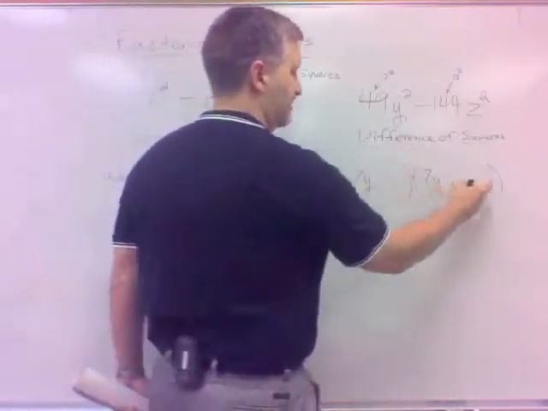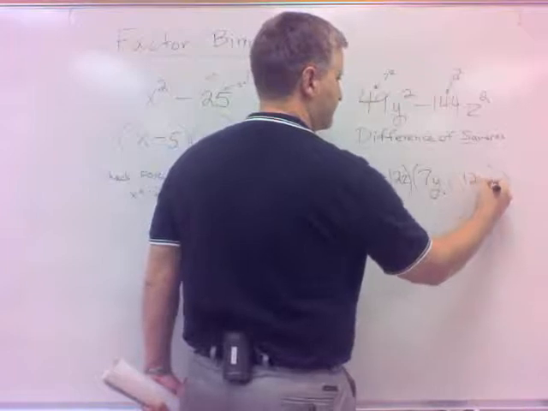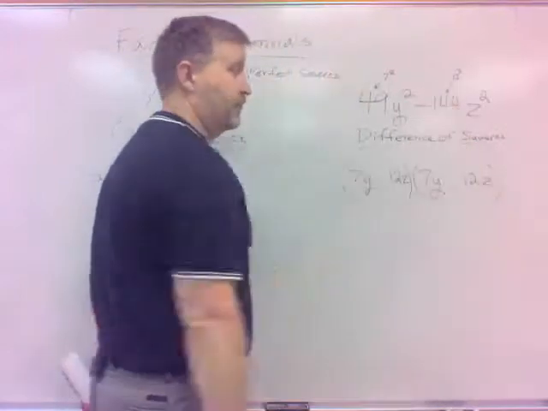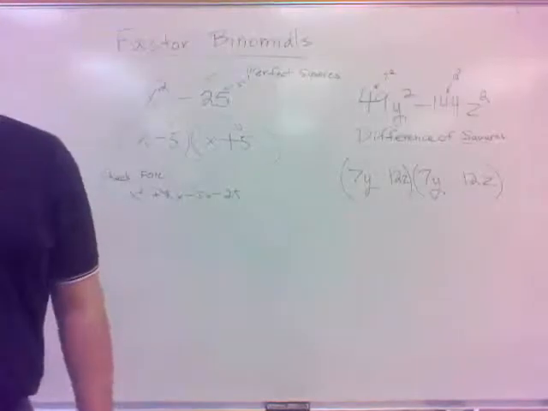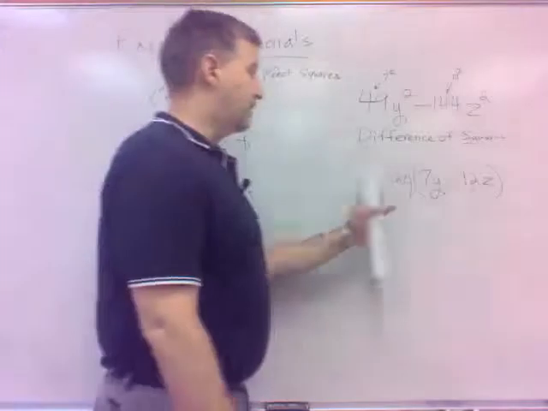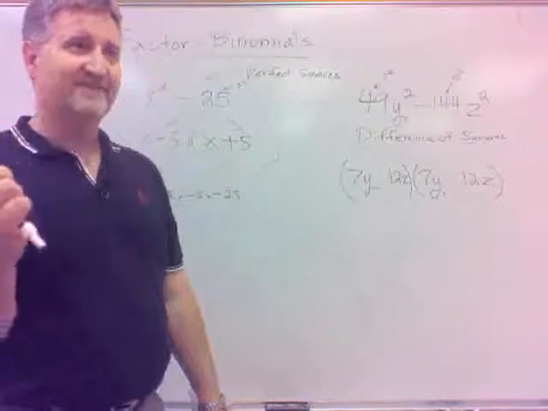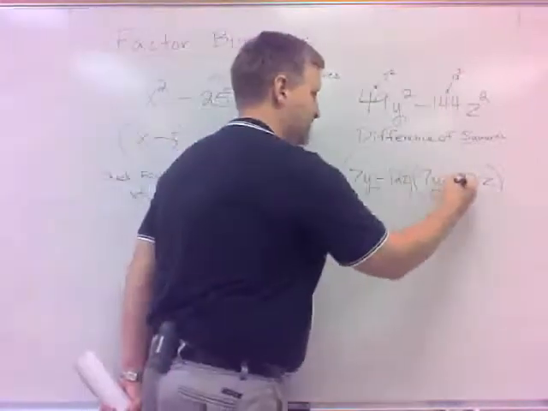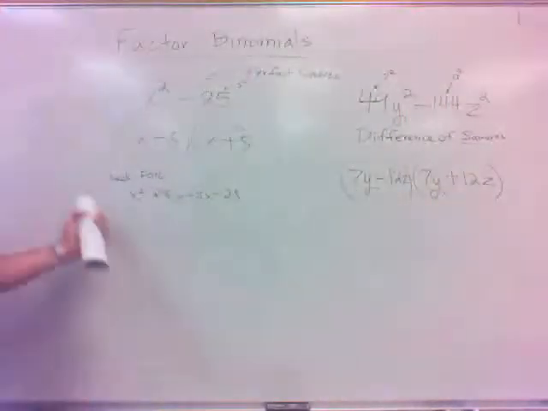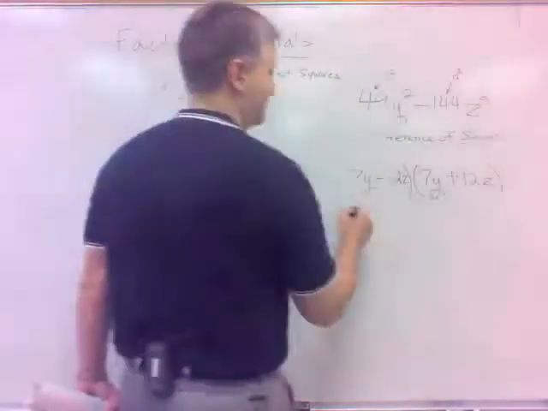You want the same thing here and here, which would be 12z and 12z, wouldn't it? Lots of ways to break down 144, but since it's a difference of squares, you want the same thing on both of them, except one's a minus, the other's a plus. And it doesn't matter which one. That's it. So it's a pretty direct route, a lot different than the trinomials.